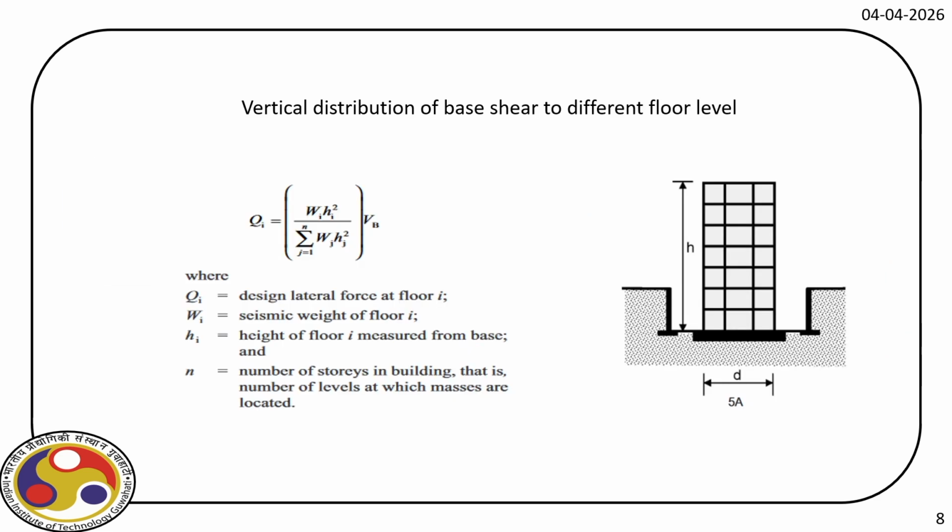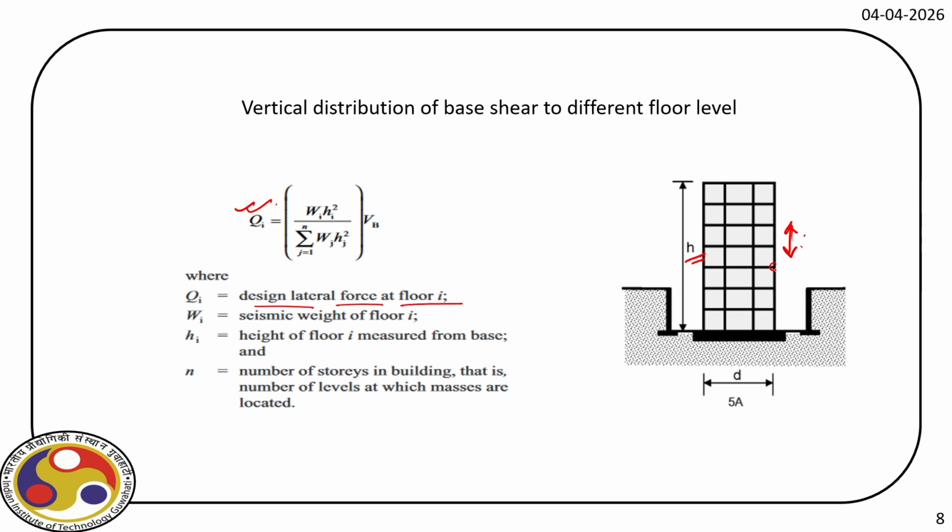So that is straightforward. Now once we identify the base shear, its distribution in the vertical direction is also important. As you can see, this schematic diagram has a building with total height capital H and a number of stories. Qi is basically the distribution of the base shear as we go along the height of the building. So Qi is the design lateral force at the ith floor.